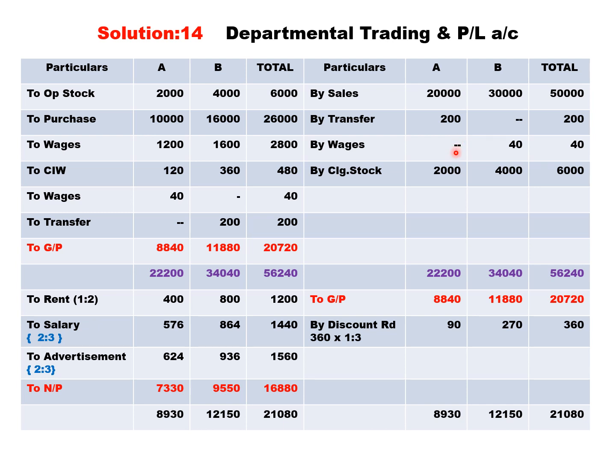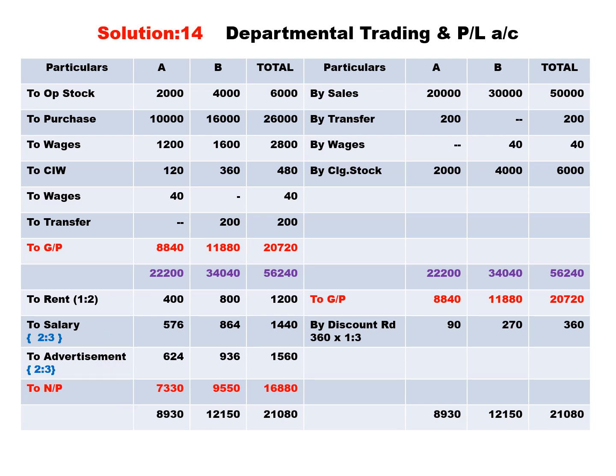Similarly services 40, then closing stock, total the trading account, you get GP. Bring down the GP, discount received 360 to be distributed in purchase ratio because you receive discount at the time of purchase. So 360 into 1:3. Rent distributed in space occupied 1:2. Salary and advertisement distributed in sales ratio, and then you get net profit.